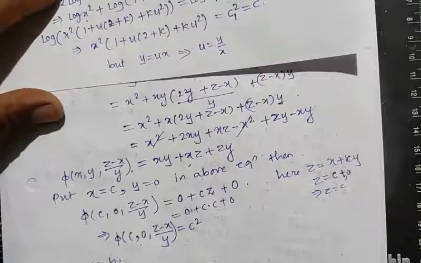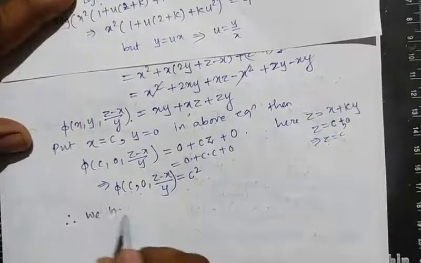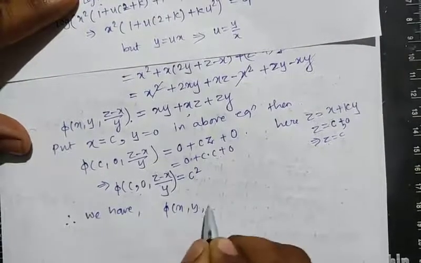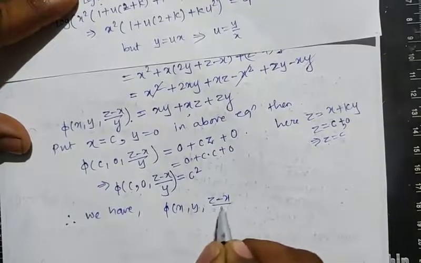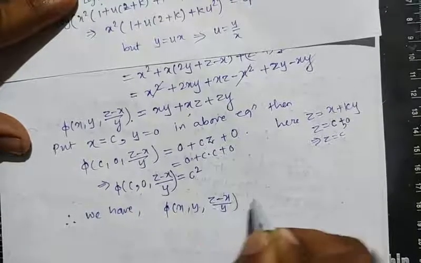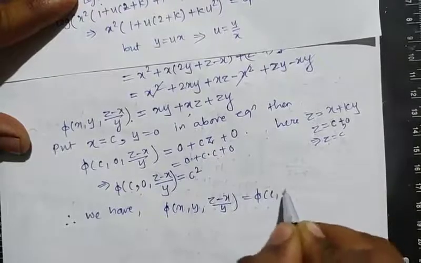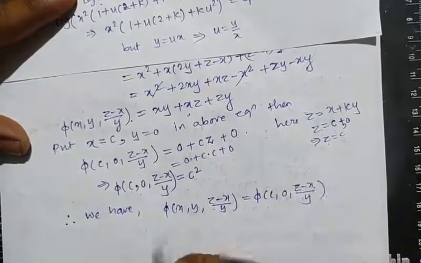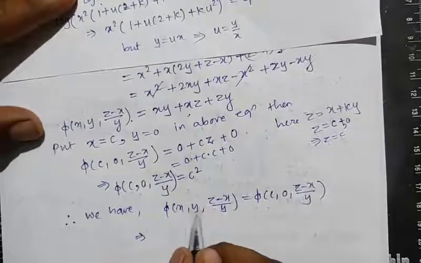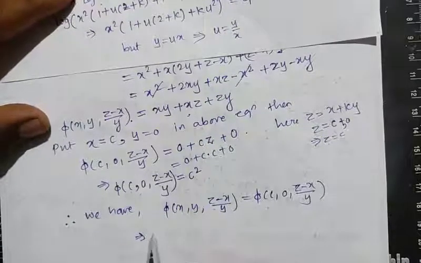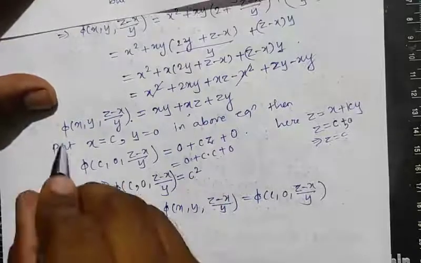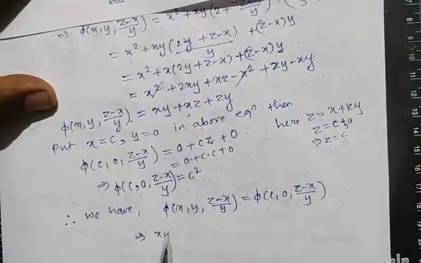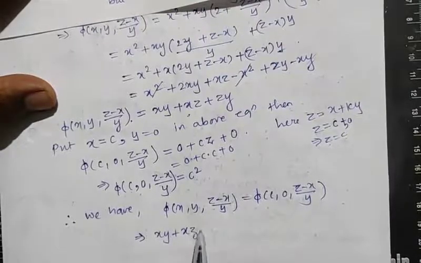Right? Therefore we have the condition that phi of x y, z minus x upon y is equal to phi of c, 0, z minus x upon y. So what is phi of x y, z minus x upon y? We have calculated it: x into y plus x into z plus z into y.